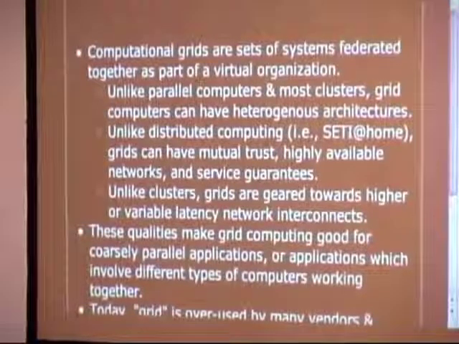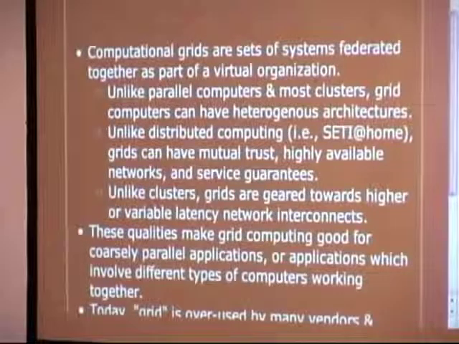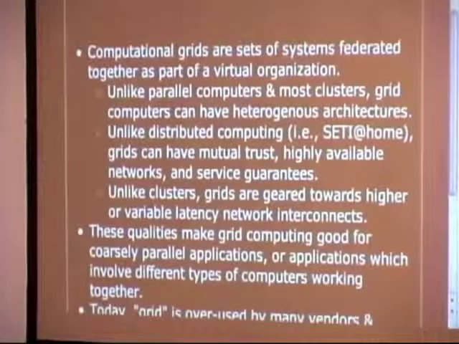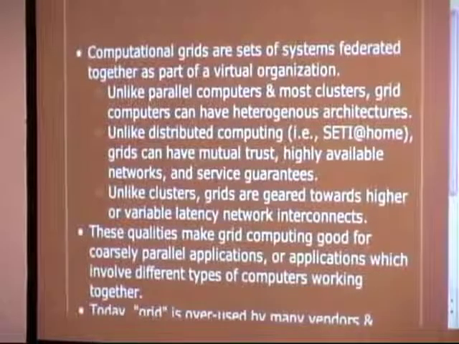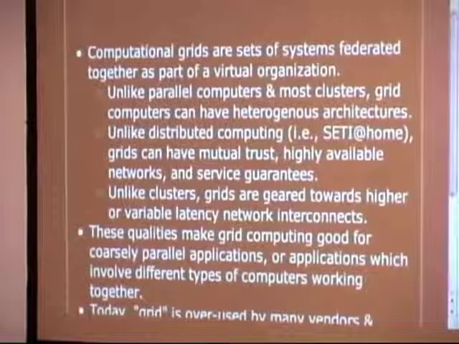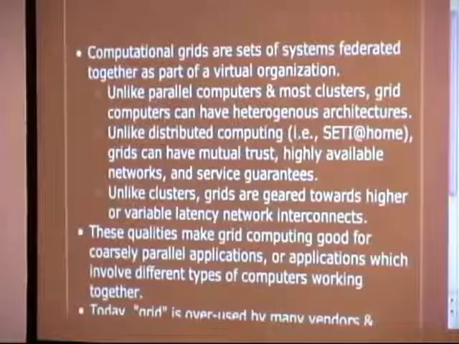That's not a good type of problem for a grid system, because you have separate systems using this grid infrastructure, which is like web services, except it's called grid services. You're not using a high-speed, low-latency interconnect, so you're looking at problems for grid computing which are essentially coarse-grained parallel, as opposed to fine-grained parallel, as opposed to serial.